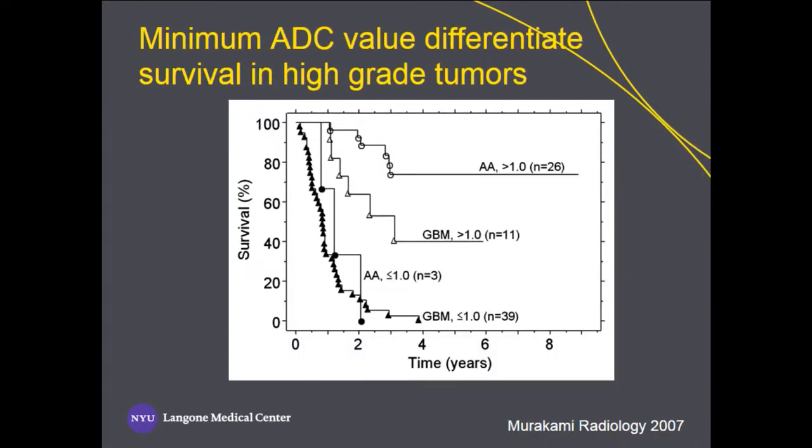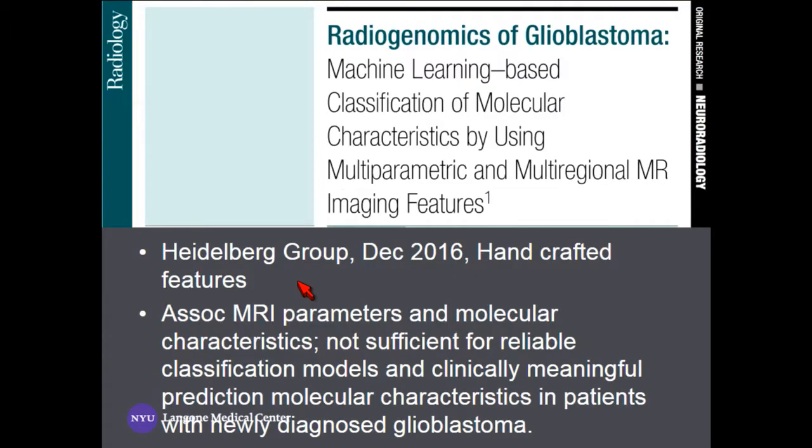And this is just one example of many, an early 2007 paper, a very simple thing showing ADC values that separate the GBMs and anaplastic astrocytomas that have poor outcome, poor survival, track with their imaging. There's a lot of work to be done still.